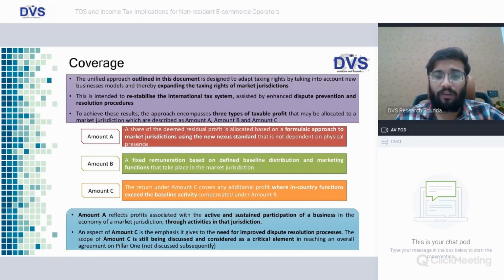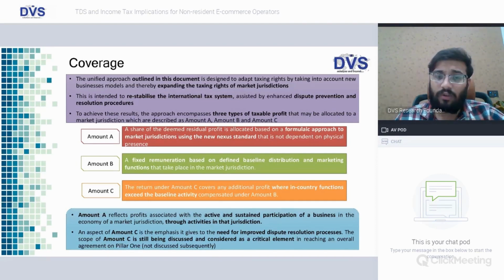Amount A: a share of the deemed residual profit is allocated based on a formulaic approach to market jurisdictions using the new nexus standard that is not dependent on physical presence. Amount B: a fixed remuneration based on defined baseline distribution and marketing functions that take place in the market jurisdiction.